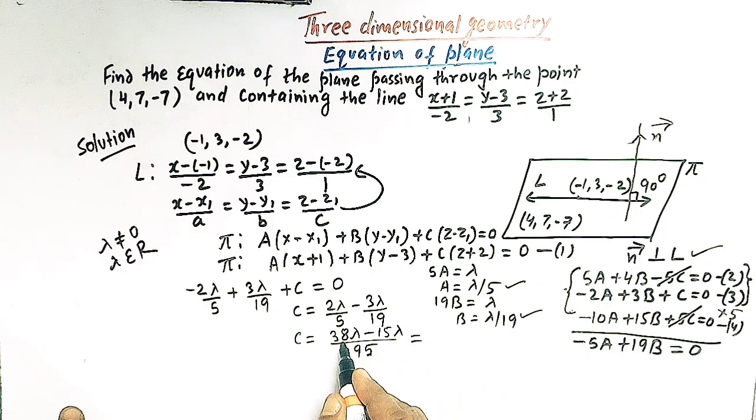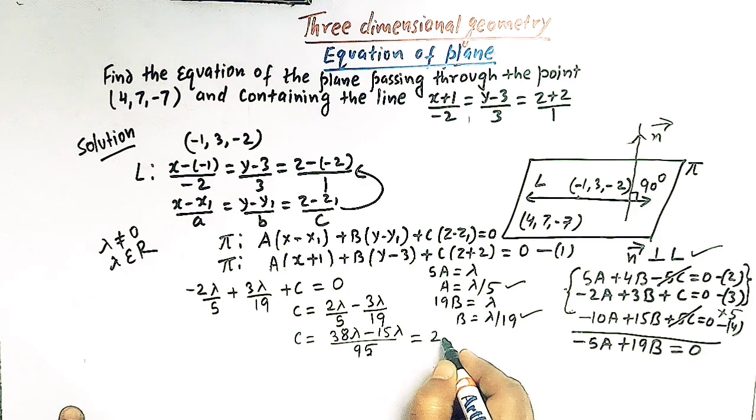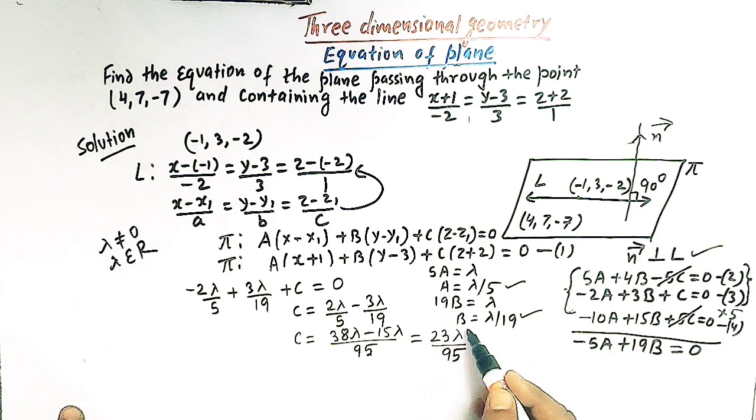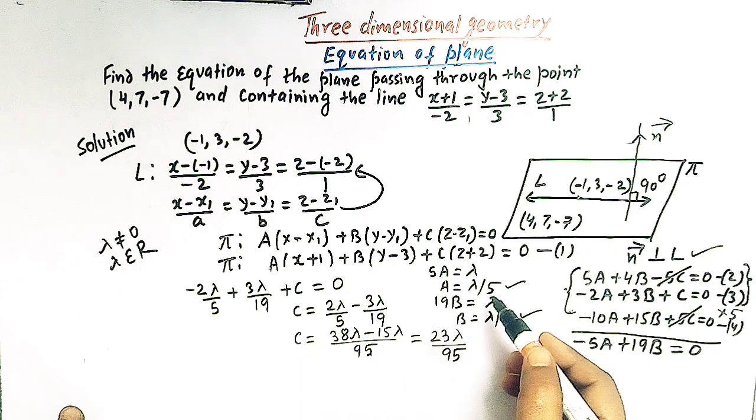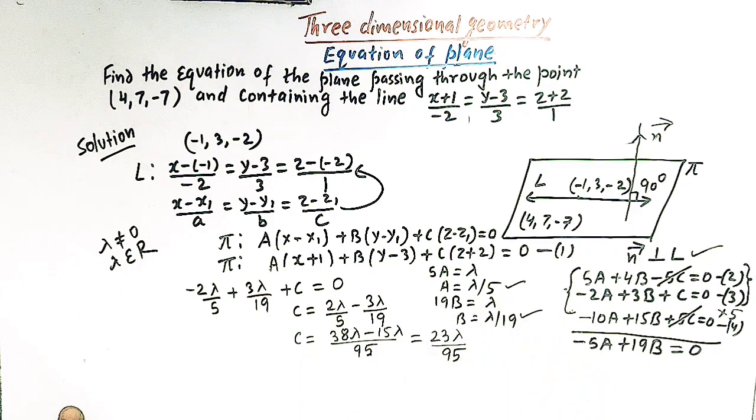So now 38 lambda minus 15 lambda is equal to 23 lambda over 95. So now the values of a, b, and c are expressed in terms of lambda. So now let us substitute the values of a, b, c in equation 1 to get the equation of this plane pi.